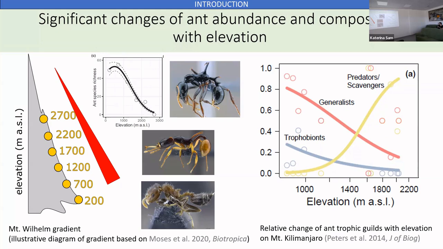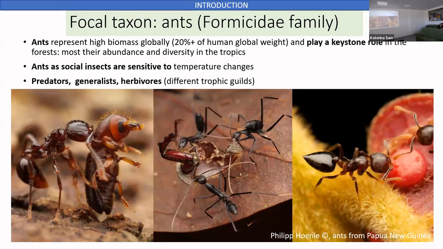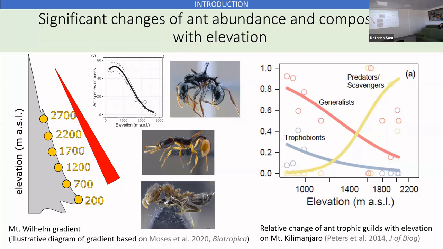But what has been shown by Marcel Peters on Kilimanjaro was also this interesting proportional change, where if you divide ants into the guilds, which I mentioned here on the photos, you have actually a proportional increase of predators and scavengers with elevation, while the other functional groups, especially those who are tending trophobionts or visiting nectaries, are actually vanishing rapidly with elevation.